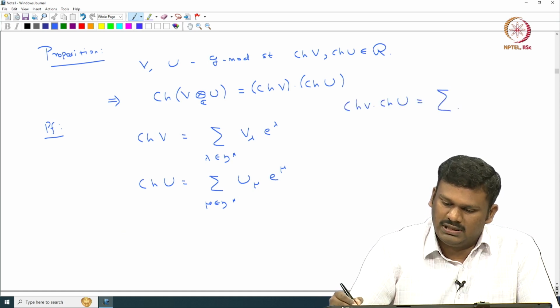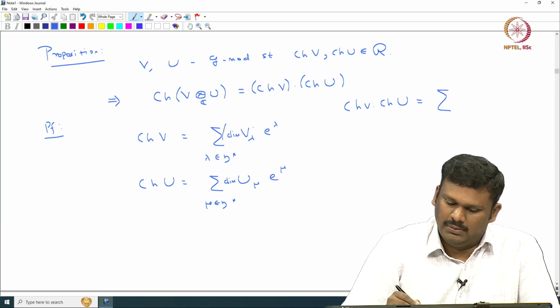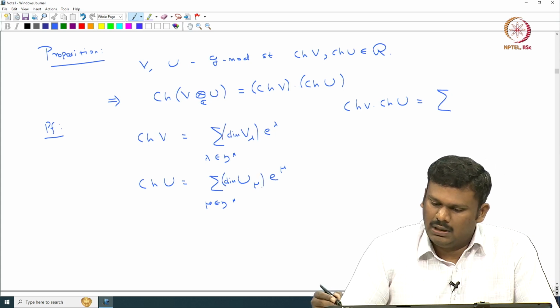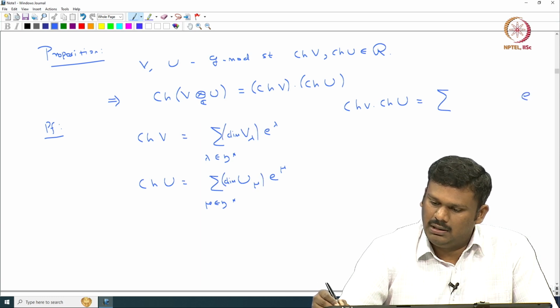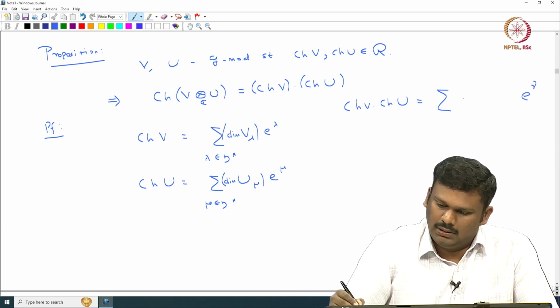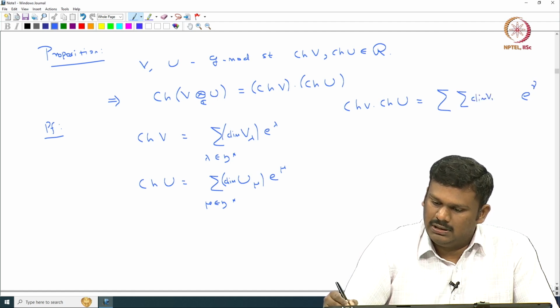So, this is going to be a summation. I am not writing the dimensions, but the dimensions should always be written. So, this is going to be e to the power gamma, and the product again you run over the summation of dimension V_lambda times dimension U_mu, where lambda plus mu should be equal to gamma, where gamma runs over H star.